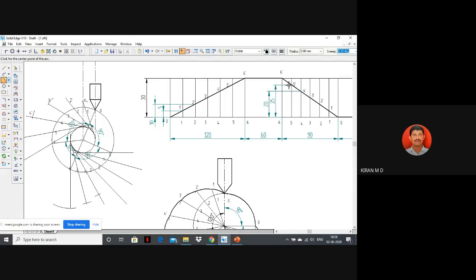Again, because of uniform velocity, it will come step by step. So 6 number of parts.